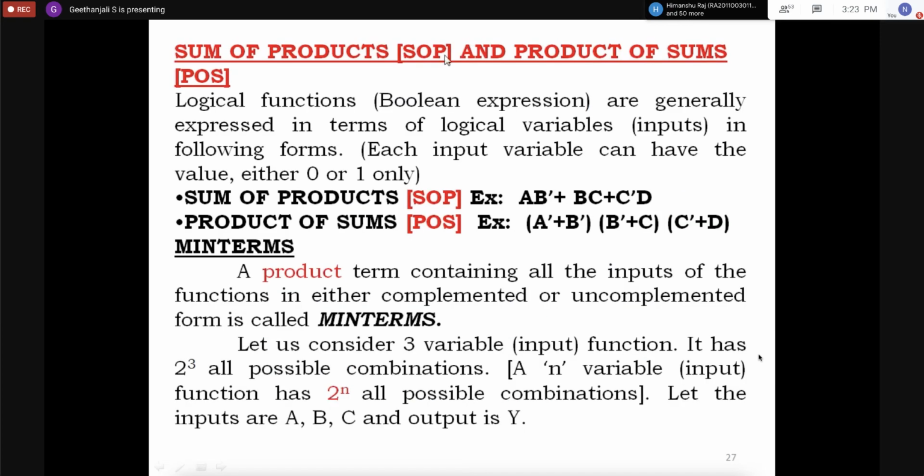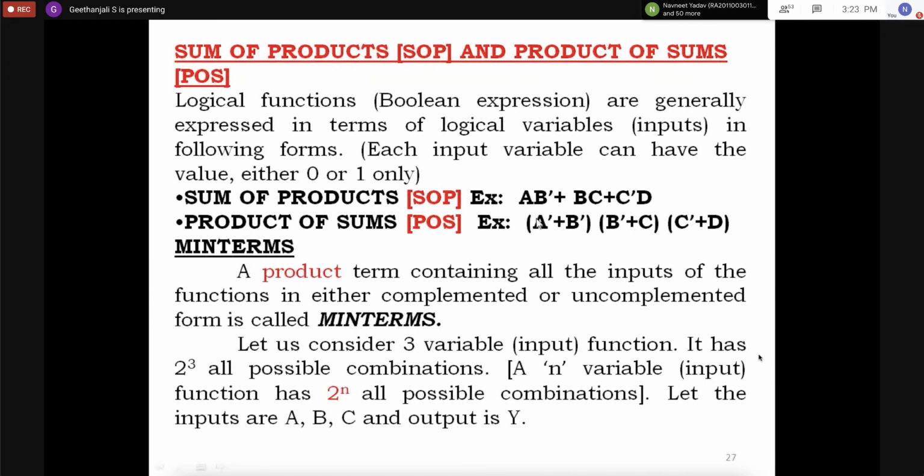Sum of products, SOP, and product of sums, POS. Logical functions, Boolean expressions, are generally expressed in terms of logical variables, inputs, in the following forms. Each input variable can have the value either 0 or 1 only. Sum of product is abbreviated as SOP.